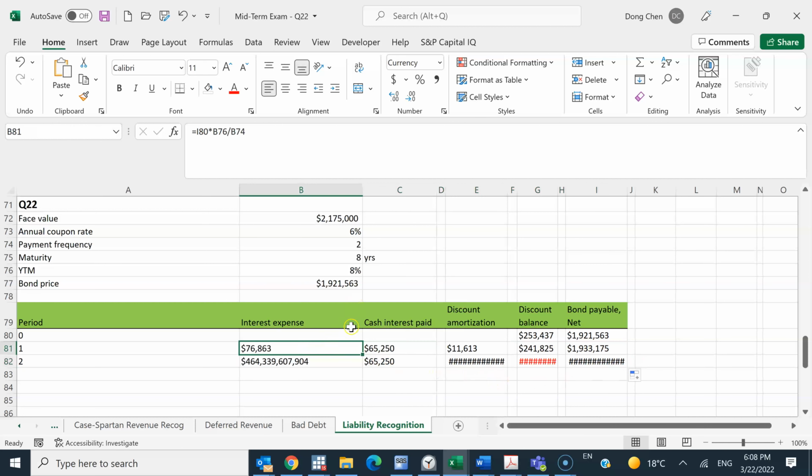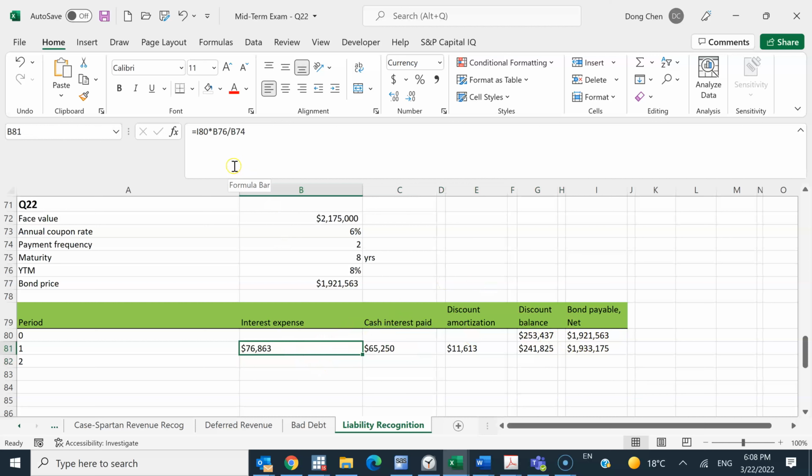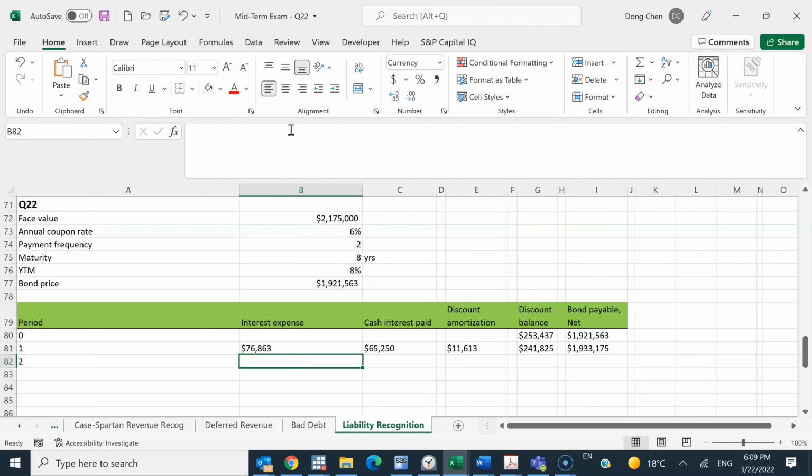Let's see, where did I... oh yeah, so for the first number, actually, I forgot also to fix this YTM, right? I don't want this to change. And also I forgot to fix this payment frequency.